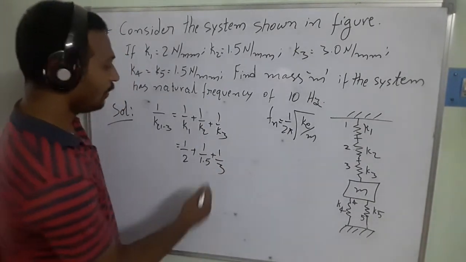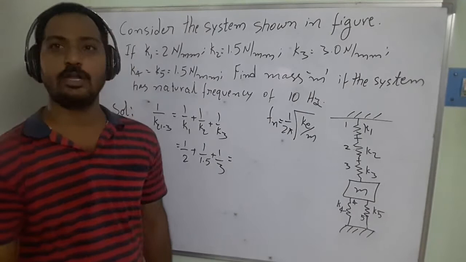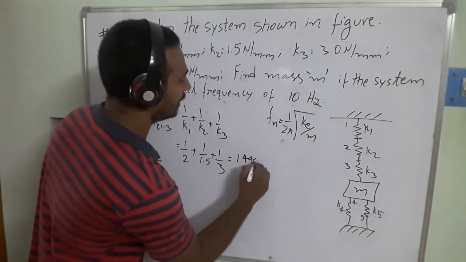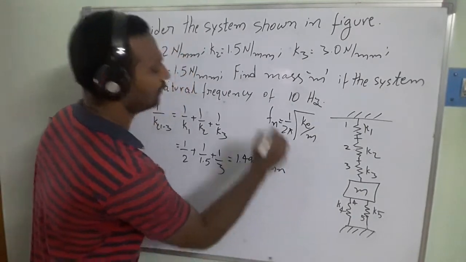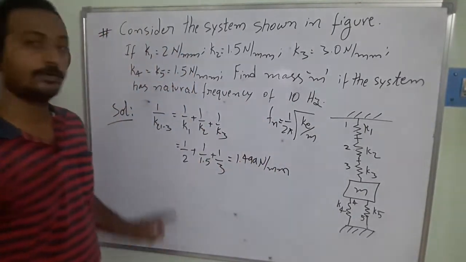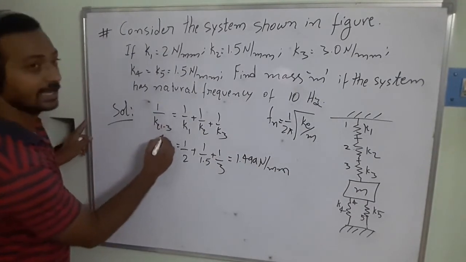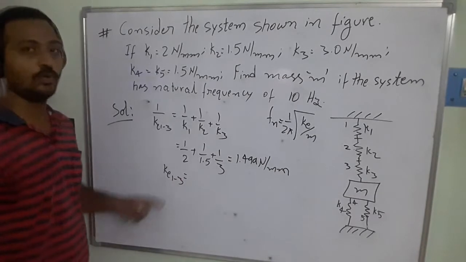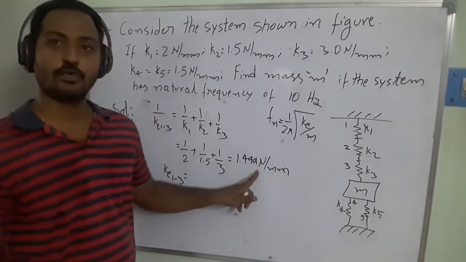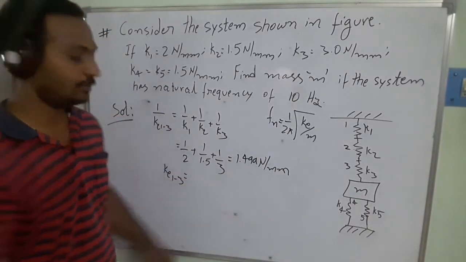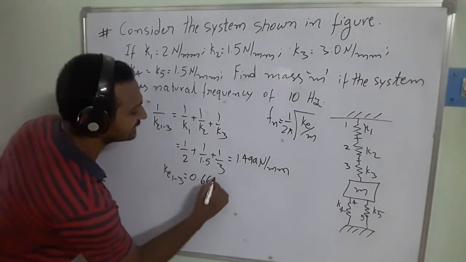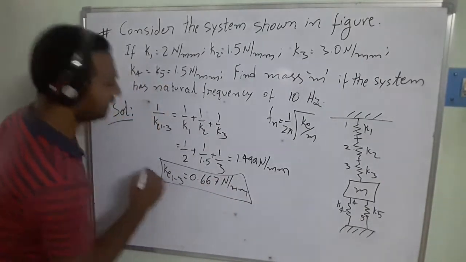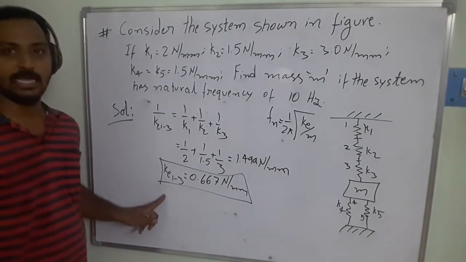The simplification gives 1.499 per Newton per mm, which is 1 by K. So K equivalent is 1 divided by 1.499, which equals 0.667 Newton per mm. This is the K equivalent of 1 to 3.